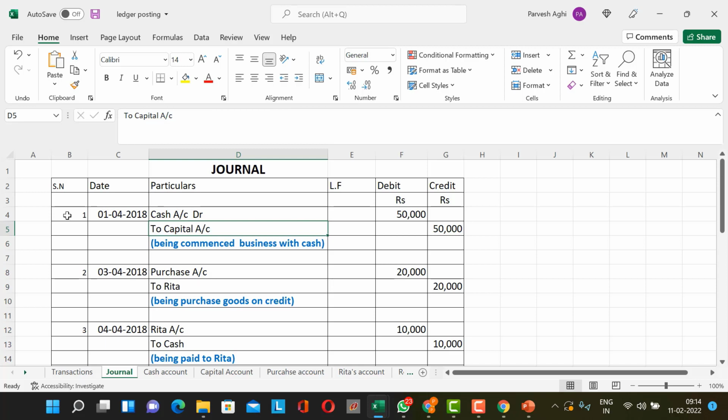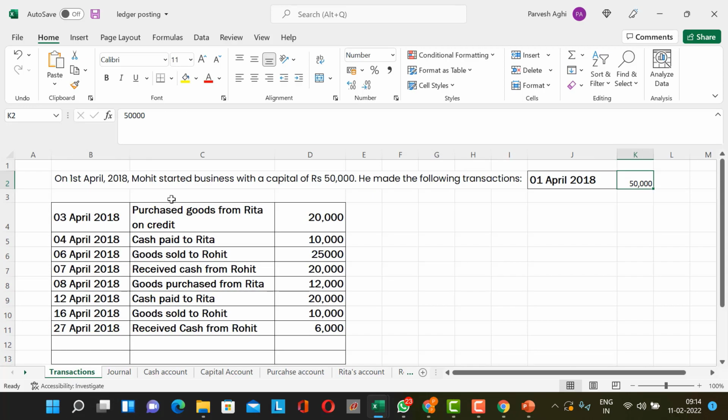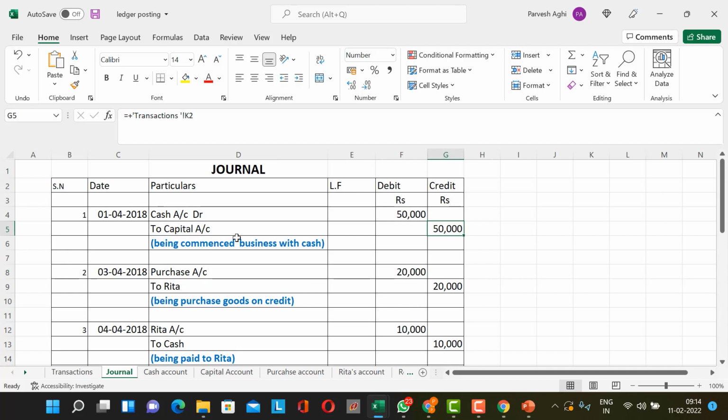So we can even write the full name of Mohit's capital account, which is 50,000 credit. If you go back to the transaction, this was started by Mohit. So we can even say here Mohit capital account. Okay, fine.